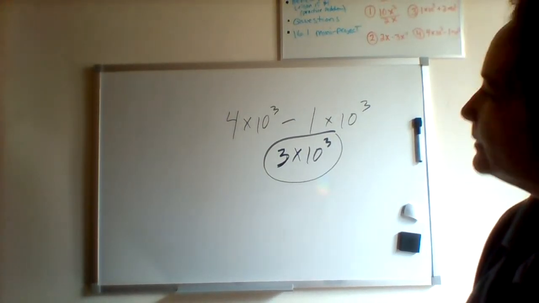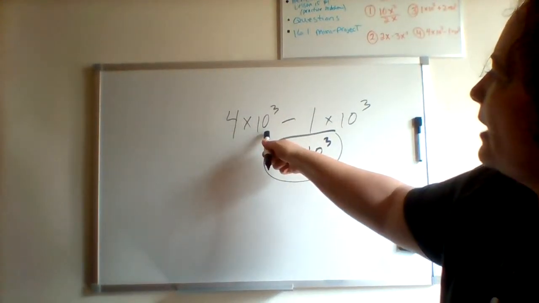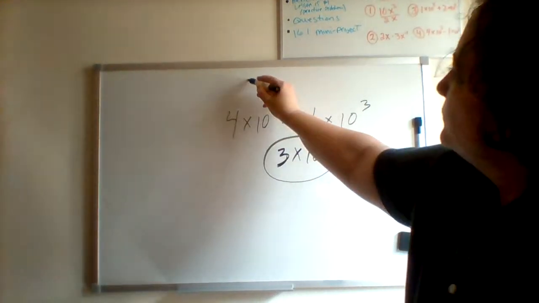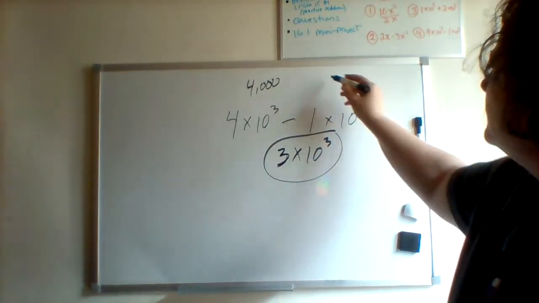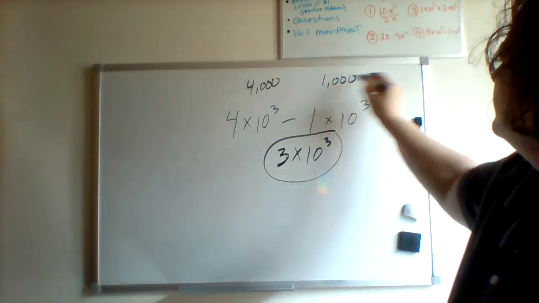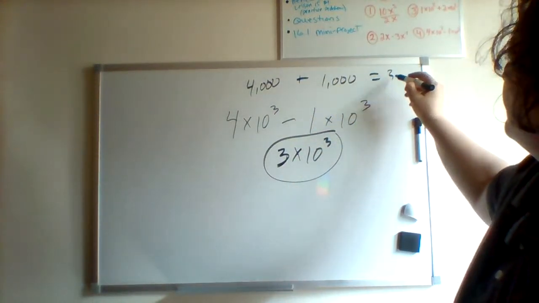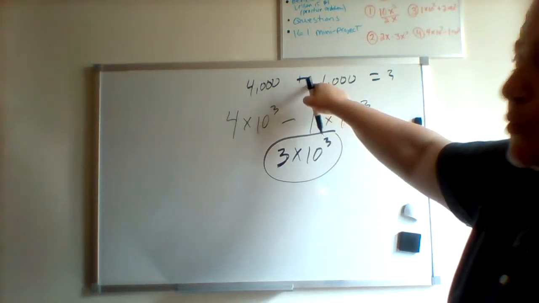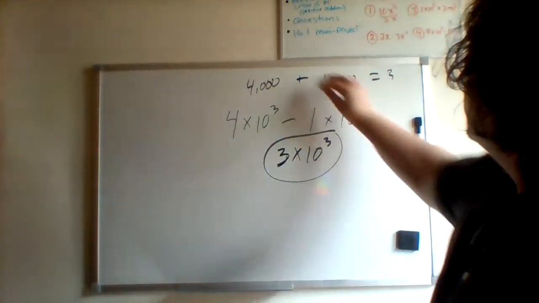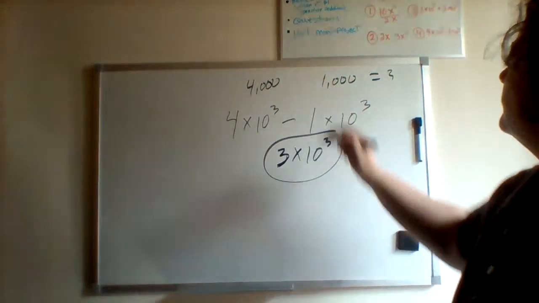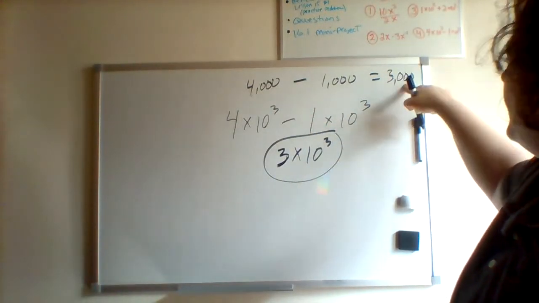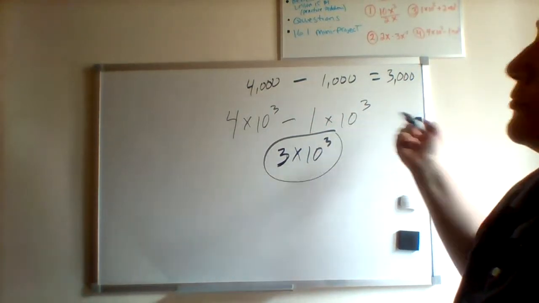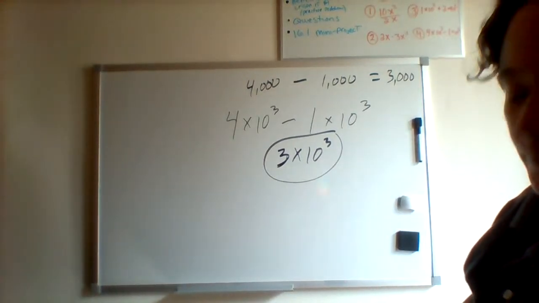You want to double check? What's 4 times 1,000? What's 1 times 1,000? Subtract them, right? It's 3,000. What's 3 times 1,000? 3,000. We got the same answer.